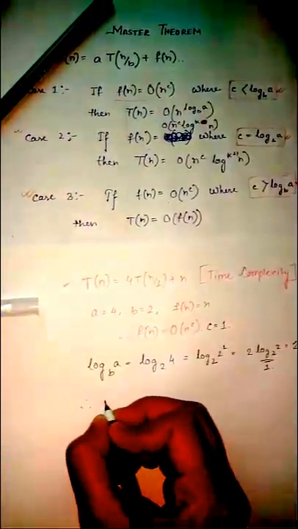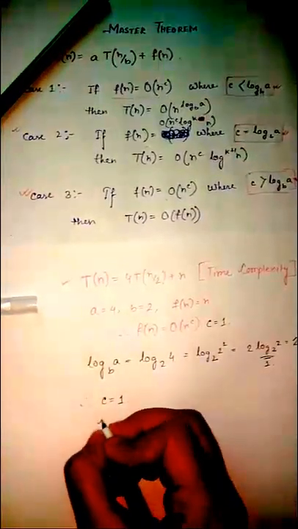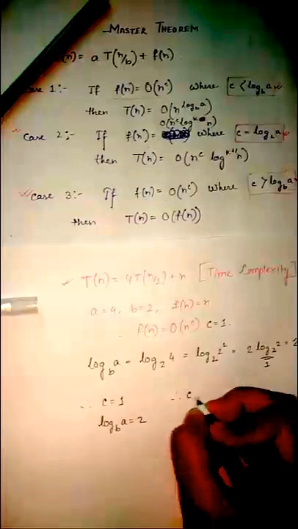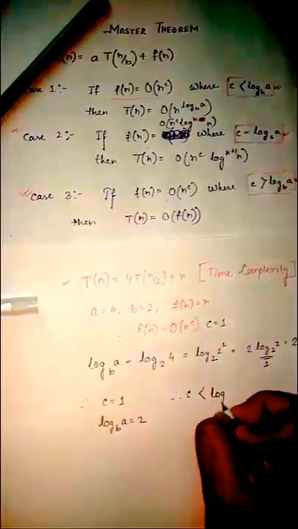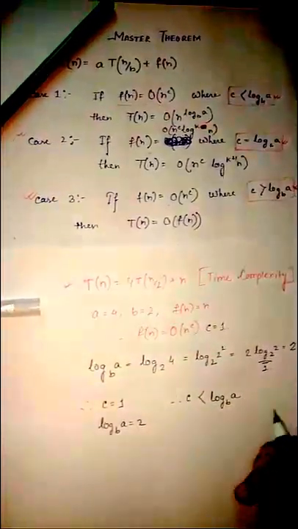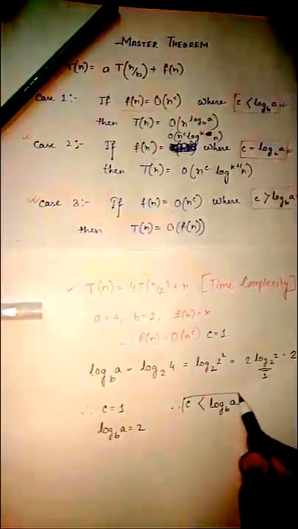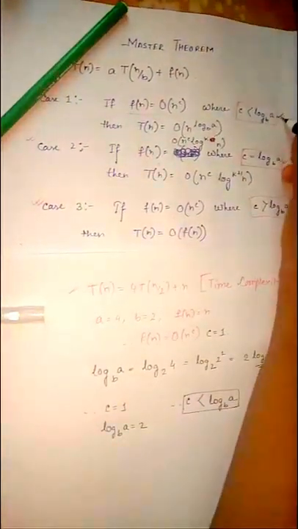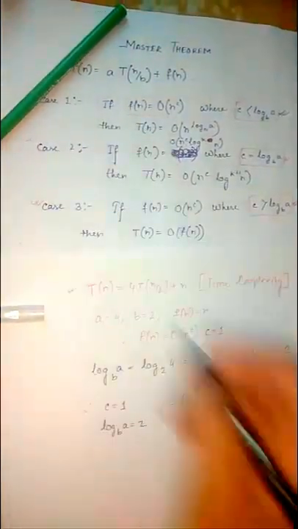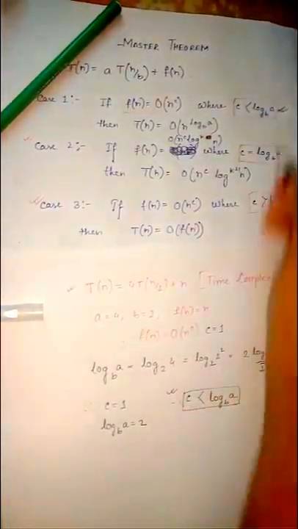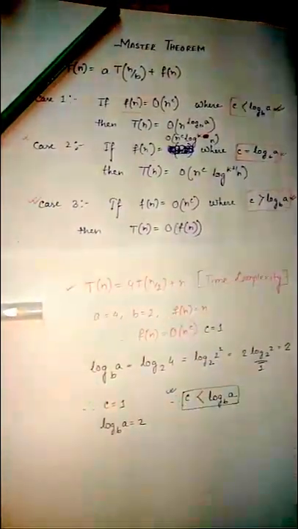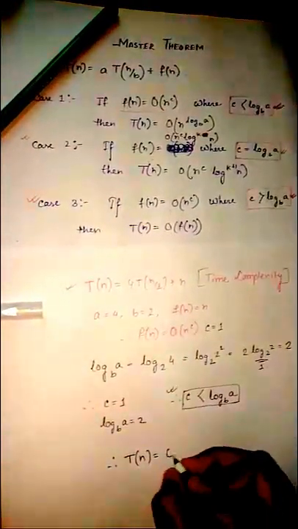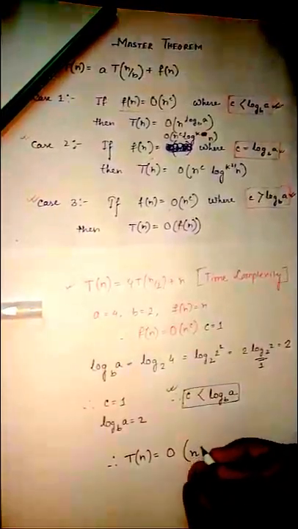So c is equal to 1 and log of a base b is equal to 2, so c is less than log of a base b. So here the condition of case 1 is satisfied, so the time complexity will be T of n is equal to O of n to the power log a base b.